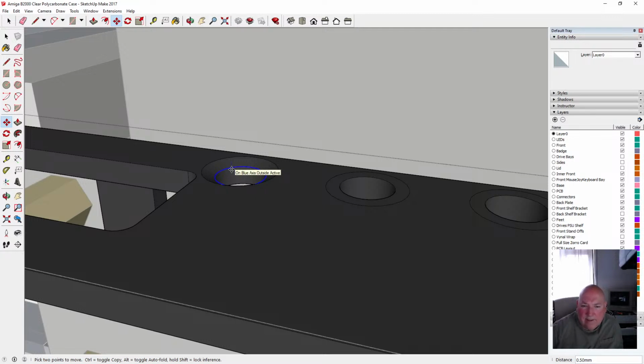How far in? So it's 2 mil thick, so we'll make it 1.5.